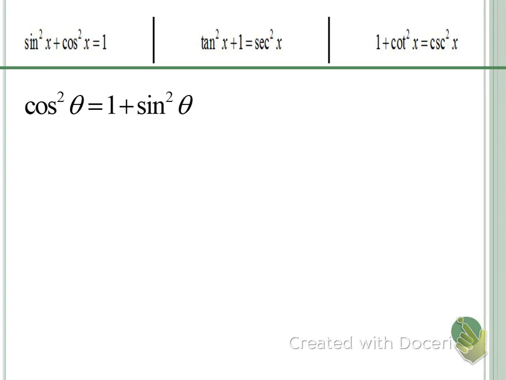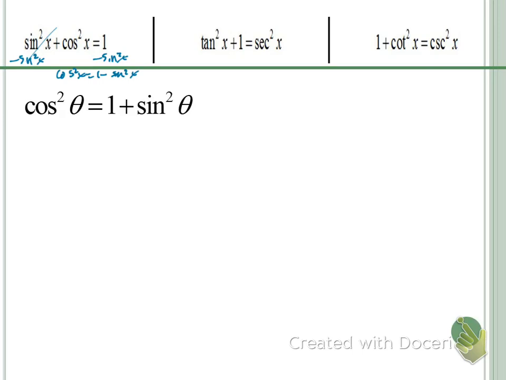So, whatever, pick your poison, right? Well, cosine squared is on the side by itself, so maybe we solve this for cosine squared and substitute in. So cosine squared is equal to 1 minus sine squared.